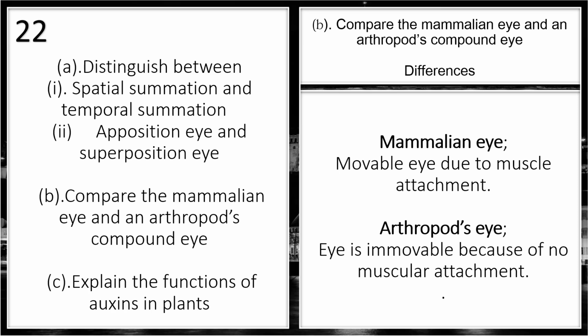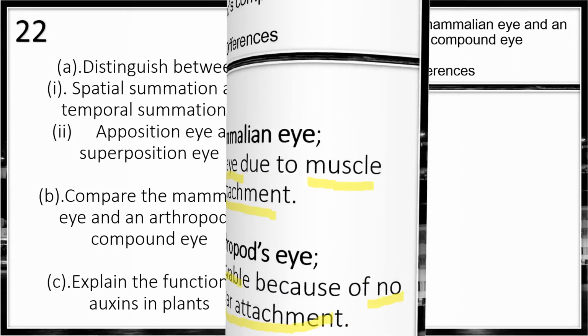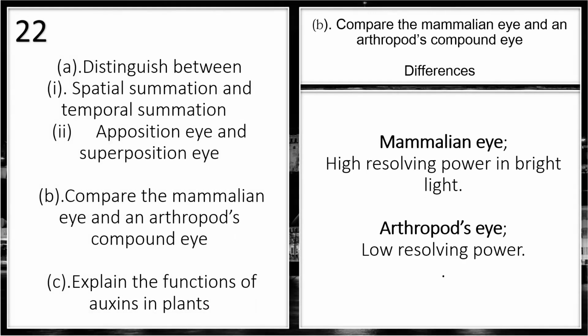The mammalian eye is movable due to muscle attachment. Arthropod eye is immovable because of no muscular attachment. The mammalian eye has a high resolving power in bright light.